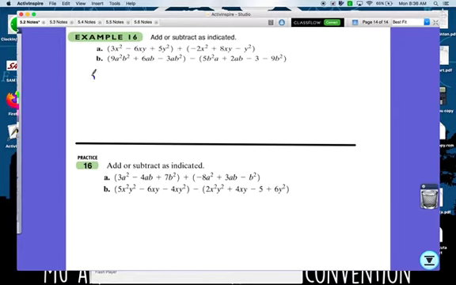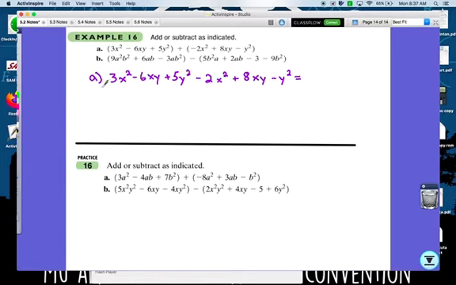All right, for A. It's a plus in the middle, so I can just rewrite it. 3x squared minus 6xy plus 5y squared. Since it's a plus and negative, I get a minus 2x squared plus the 8xy minus the y squared.